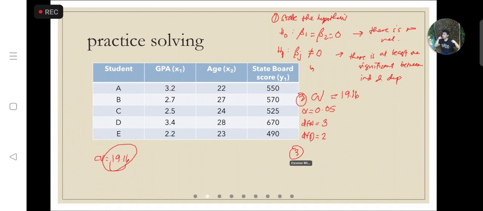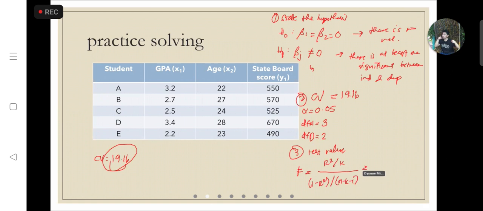Next is solving for the test value. F is equal to R squared over k, over 1 minus R squared, over n minus k minus 1.